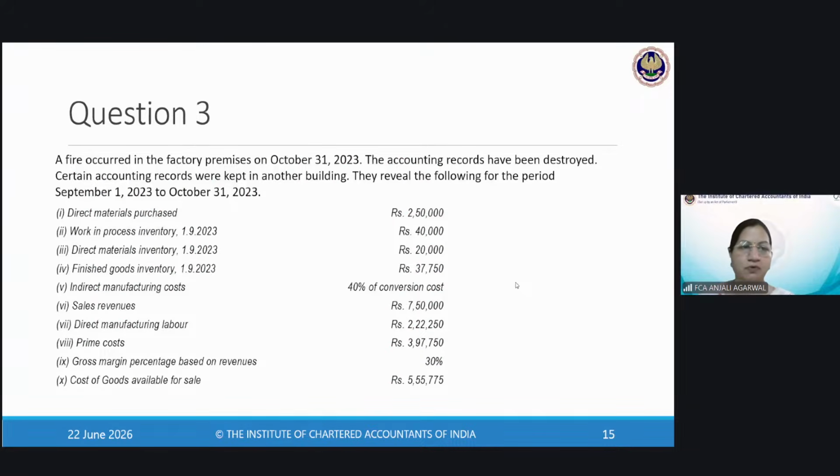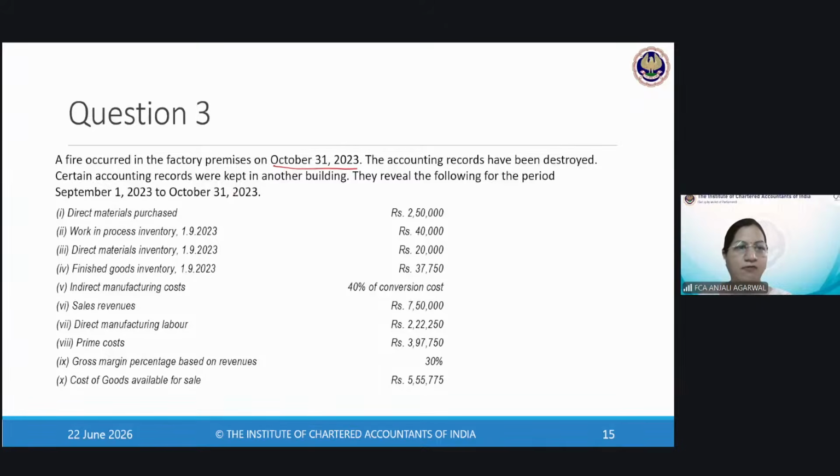Let's look at one more question. Again, a little bit related to some missing information. A fire occurred in the factory premises on 31st October 2023. Accounting records have been destroyed, but certain accounting records were kept in another building.